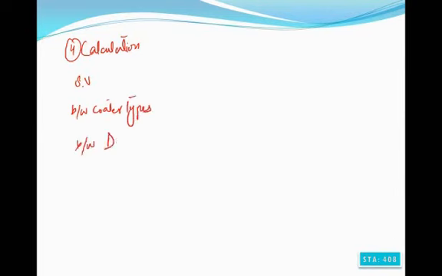Fourth step is calculation. Source of variation: between coater types, between days, error and total.